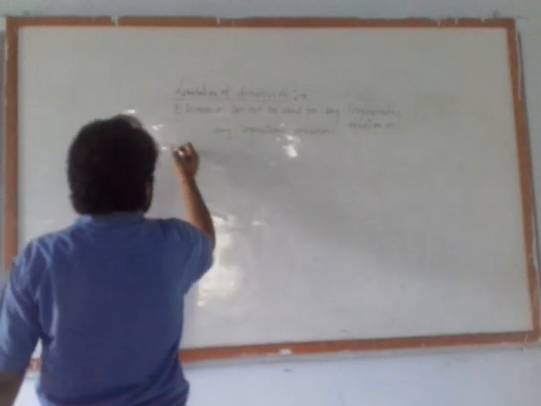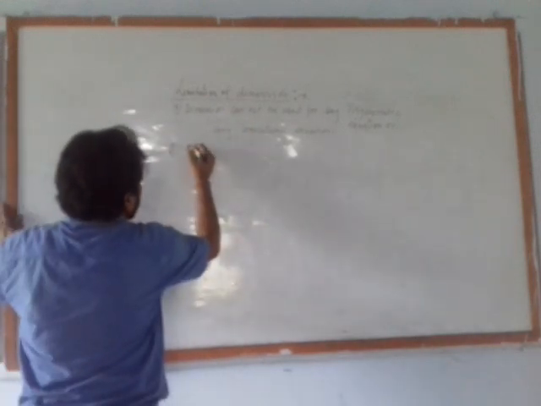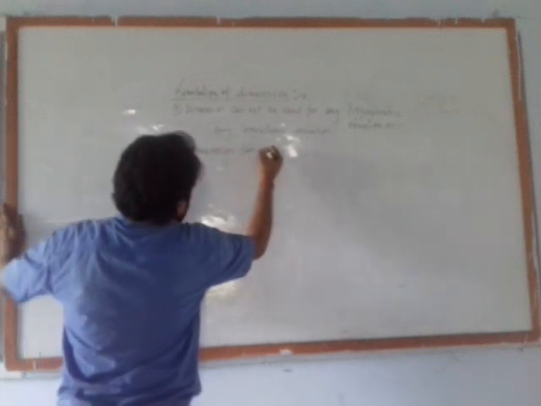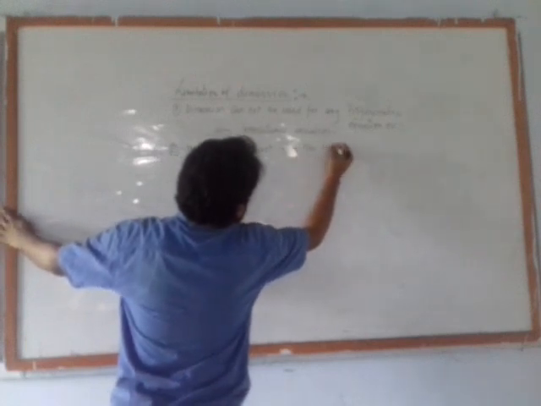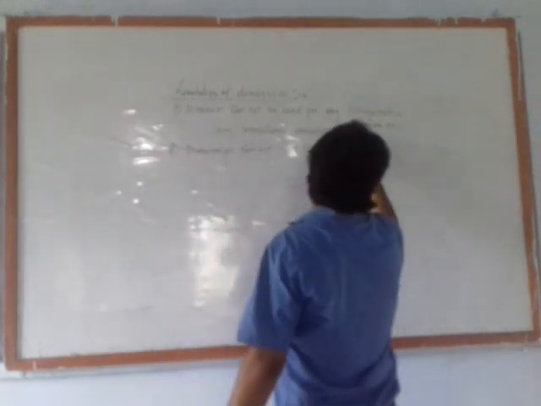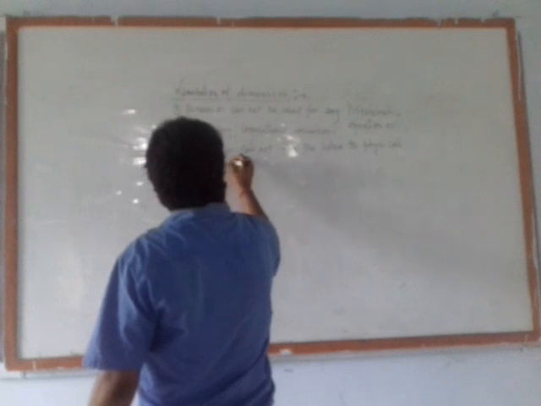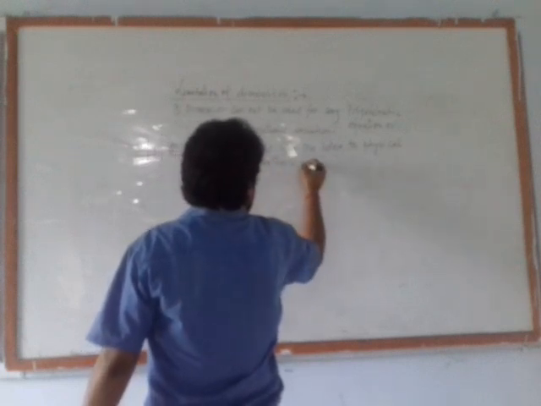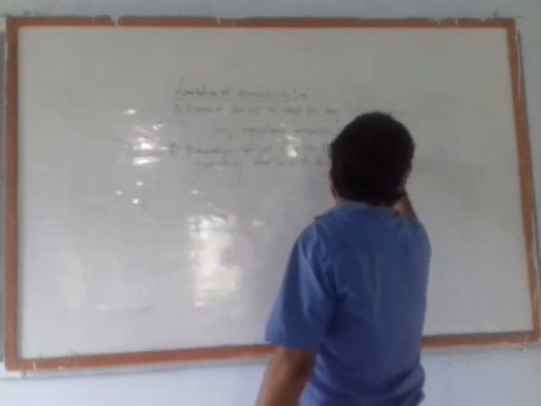Now second, dimension cannot give the idea to physical quantity, whether it is vector or scalar.